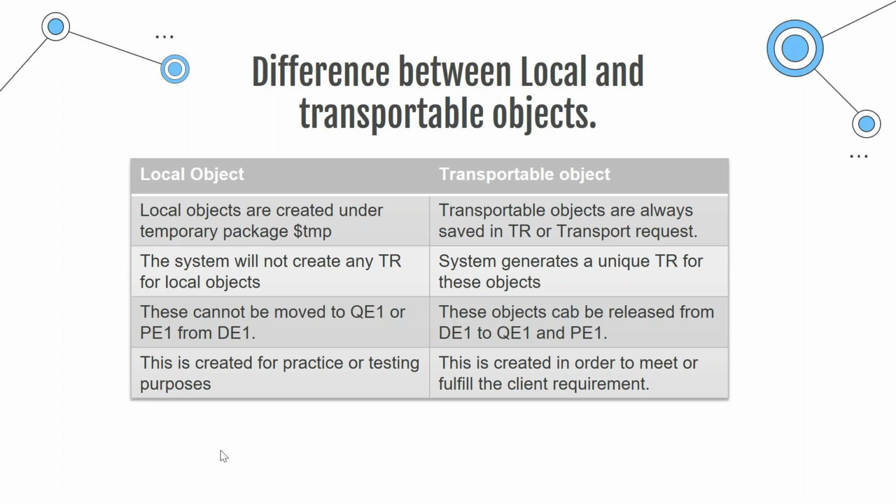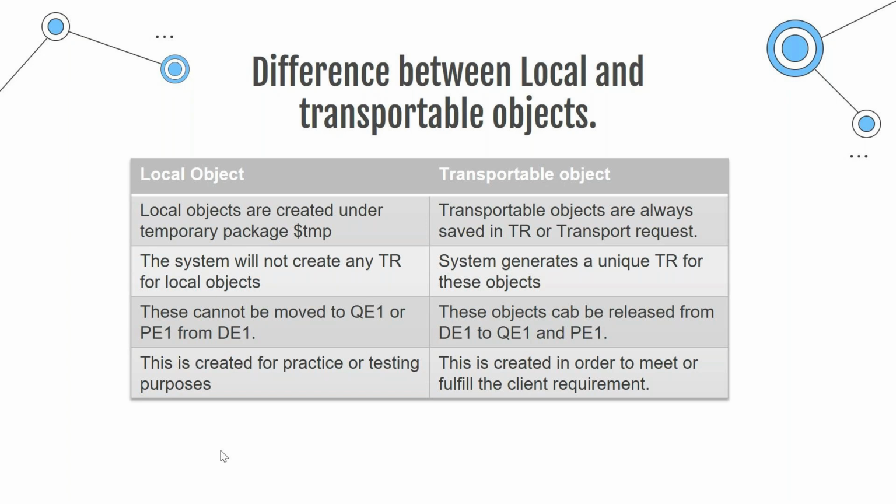If you want to just check whether it is correct or not, do it as a local object. And once you feel like the local object is working correctly, you can change the local object to a transportable object. It is possible. Okay. Once you create a local object, it can be converted into a transportable object. Totally possible, no problem.